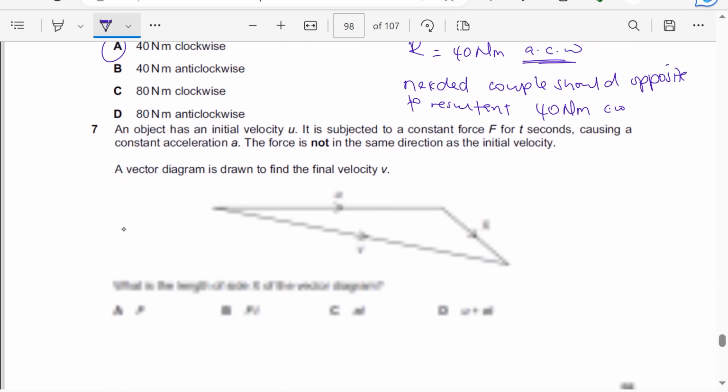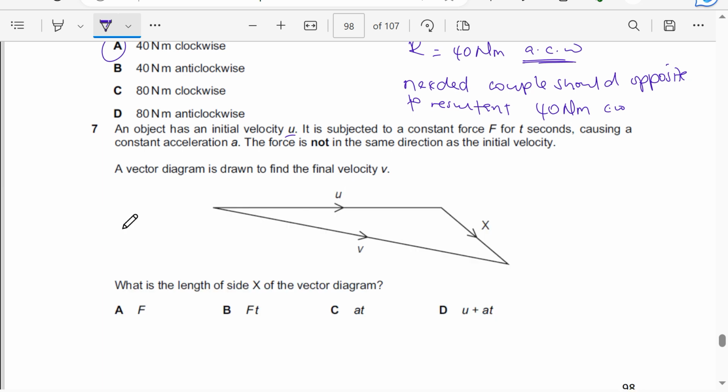An object has an initial velocity u. It is subject to a constant force F for t seconds, causing a constant acceleration a. The force is not in the same direction as the initial velocity.